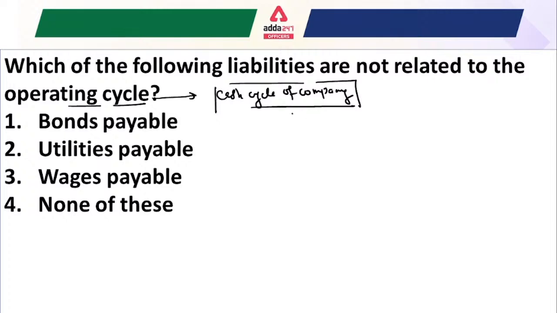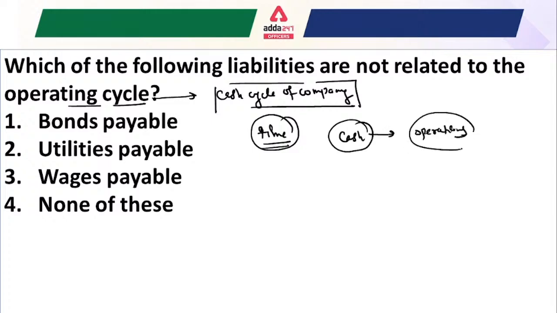Operating cycle is also understood as the cash cycle of the company, and it is the time required for a company's cash to be put into its operations, whatever cash the company is having, and then returned to the company's cash account.